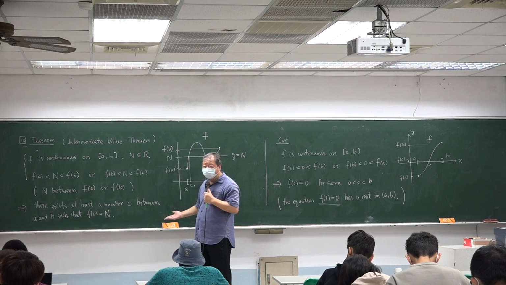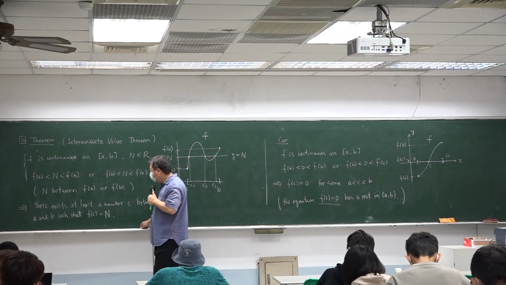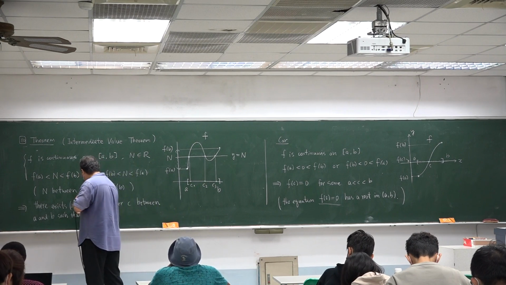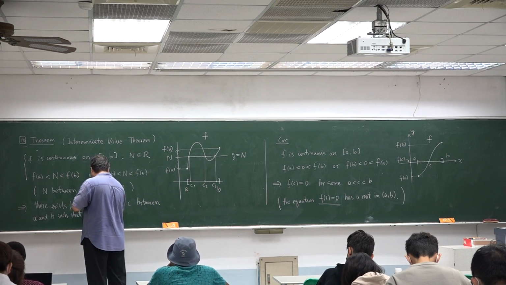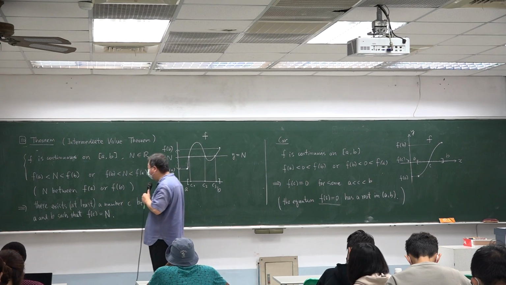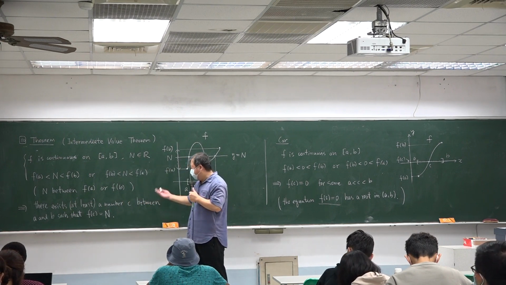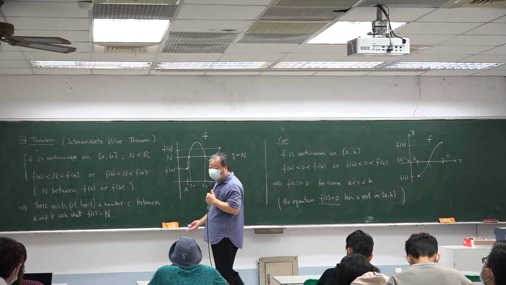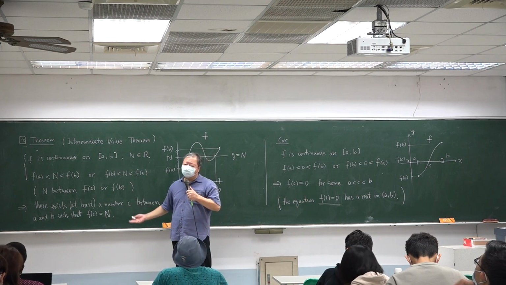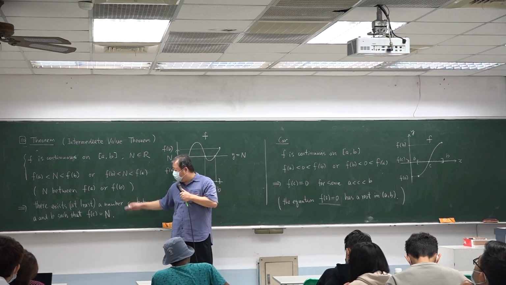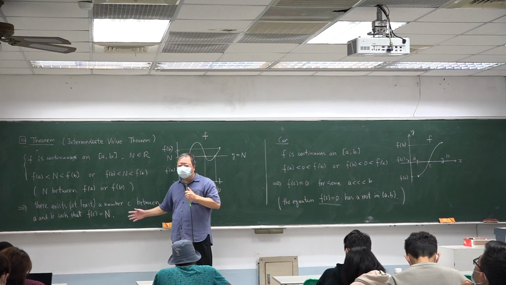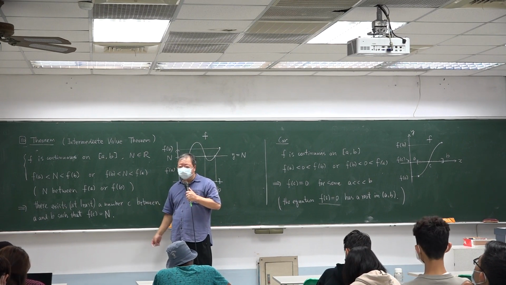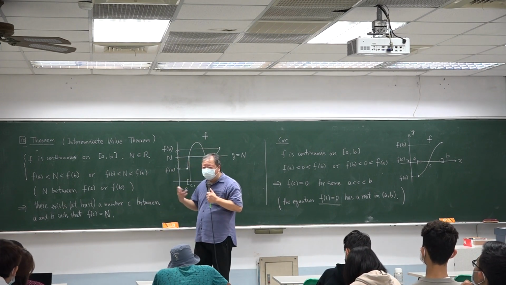Or sometimes we can omit there exists a number C, or just write it like this: for some C, f of C equals n. All of the statements are the same, and have the same meaning.